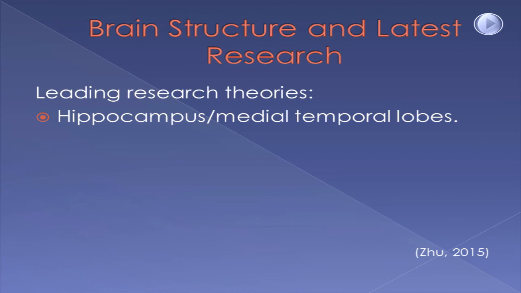The first would be the hippocampus. The hippocampus is known for controlling our memory, emotion, motivation, things of that nature, and a fairly recent study from 2016 has suggested hippocampal size is related to short-term true and false memory.